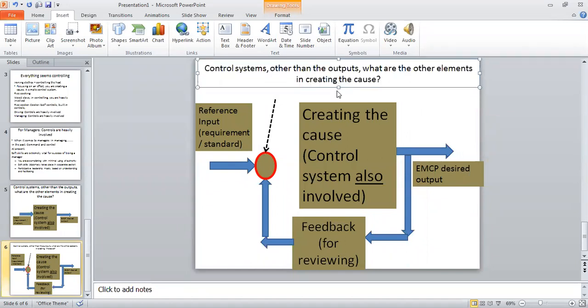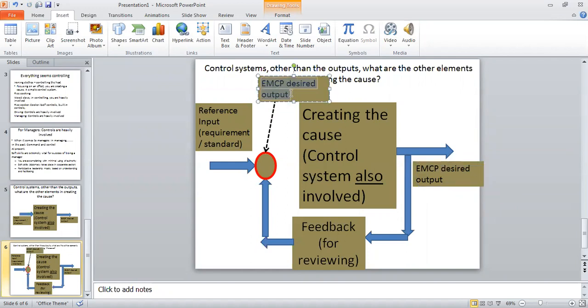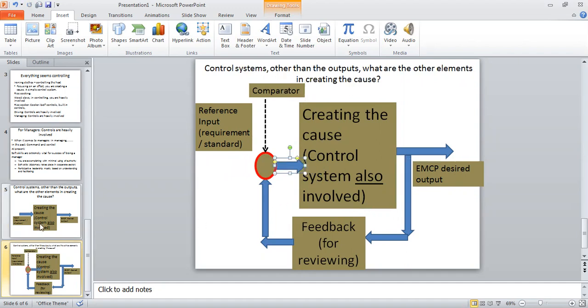When we do the comparison, we can even name this from the word comparison: comparator. Yes, this is the comparator. Then make the decision. Make the decision afterward. Then make the decision.